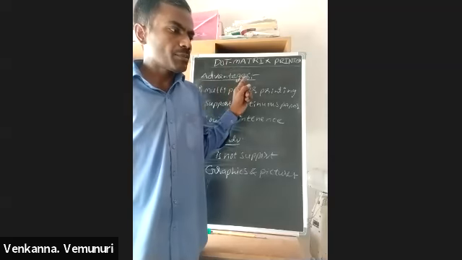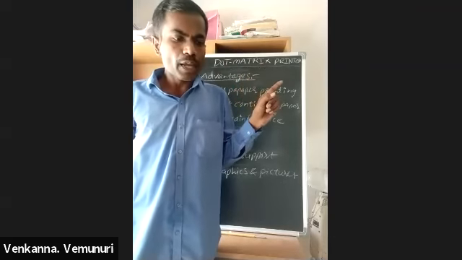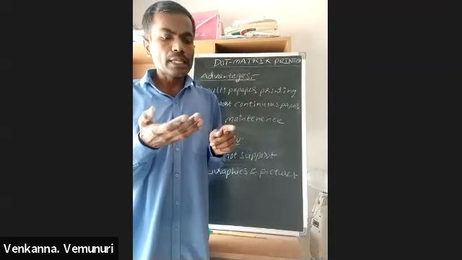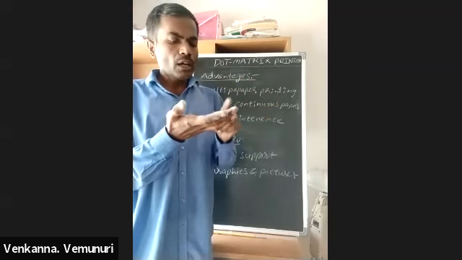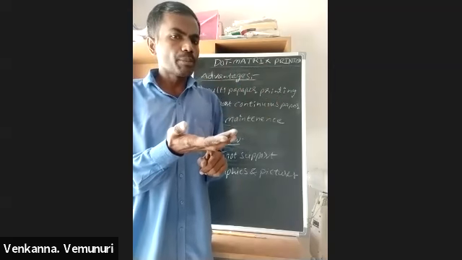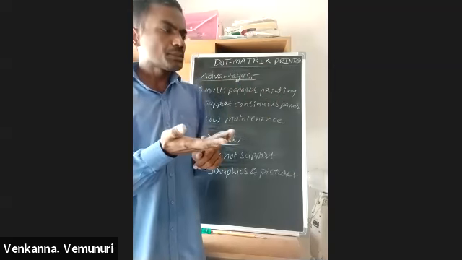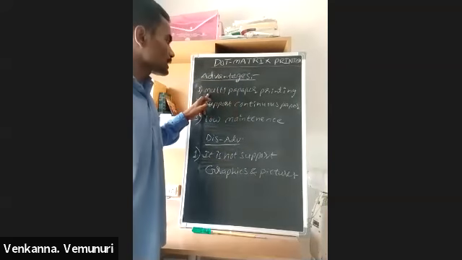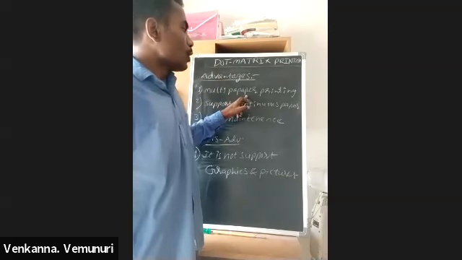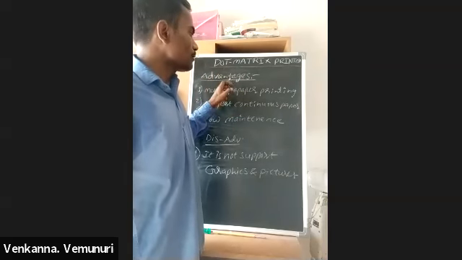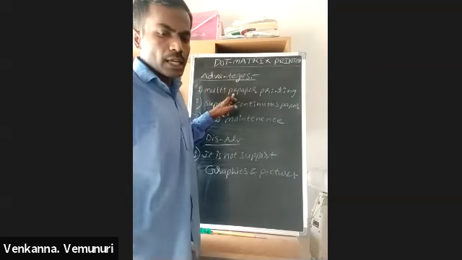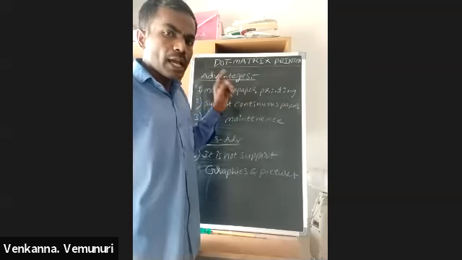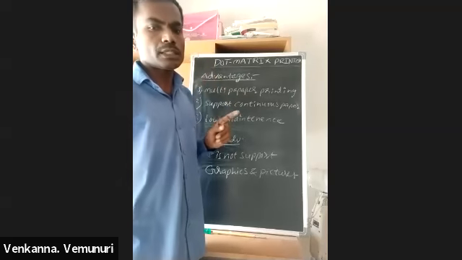For example, in a weighing machine, they print 3 pages at a time: original, duplicate, triplicate. Only this printer has this type of facility. Inkjet and laser printers print only one page at a time.